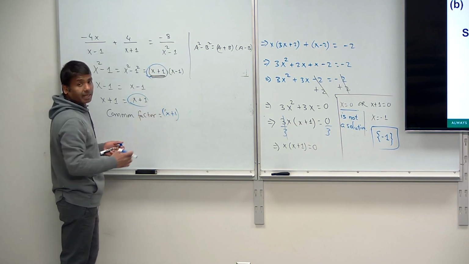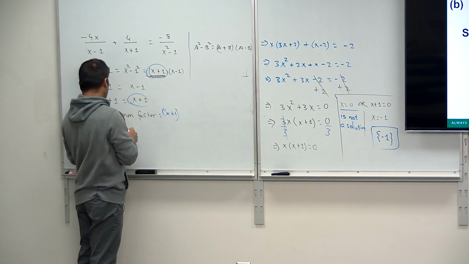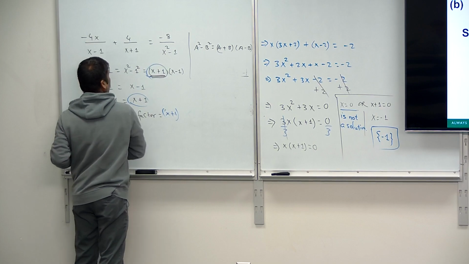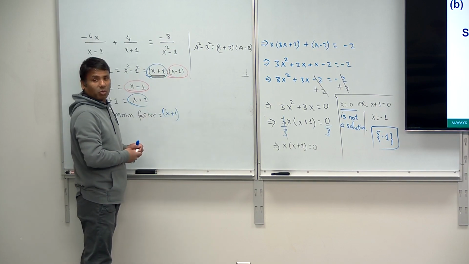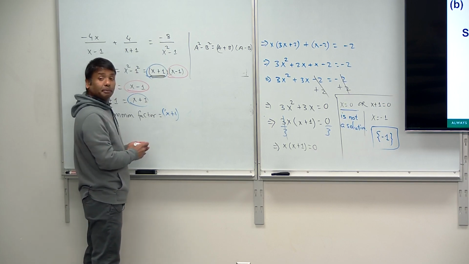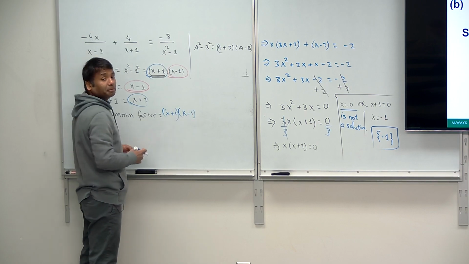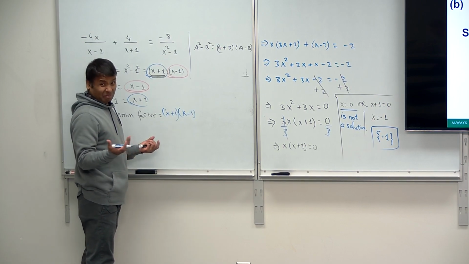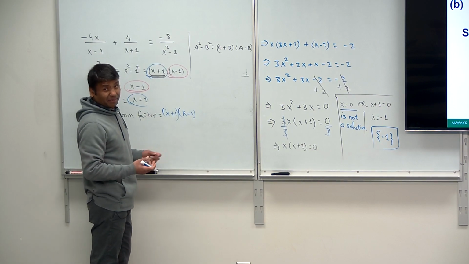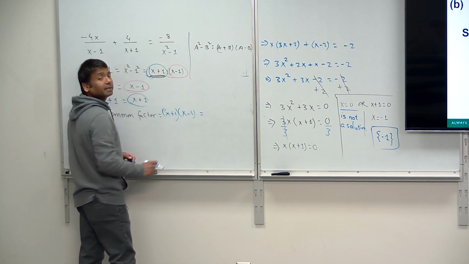This is the common factor, right? And then, similarly, you have x minus 1 here, and x minus 1 here. So the x minus 1 is common, right? So you don't have any remaining factors. I mean, you have a 1, but you don't have to write that, right? So this is your what? LCD.